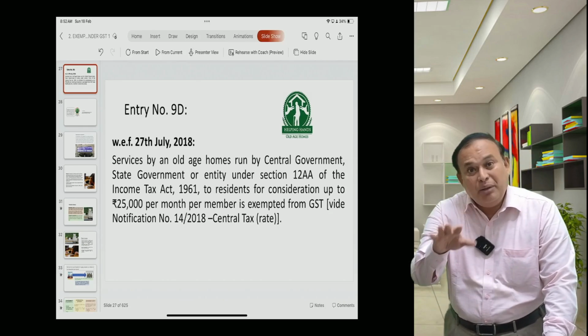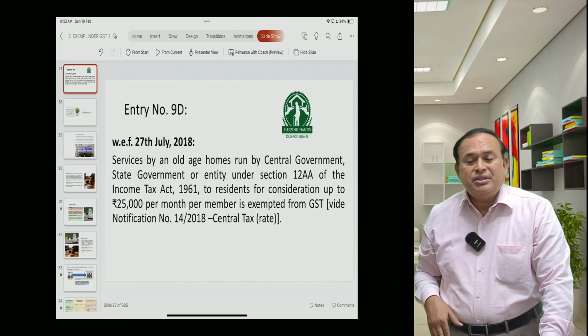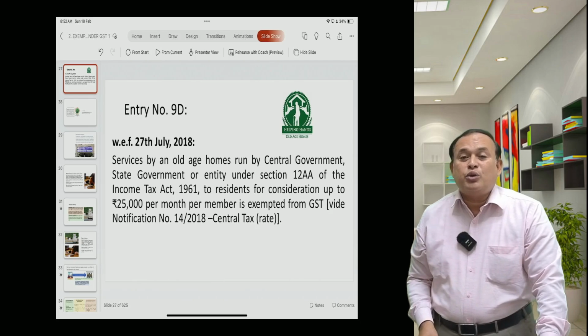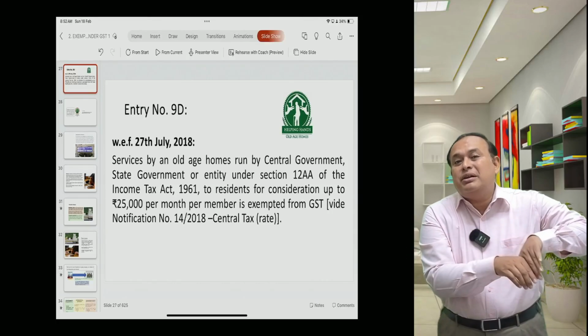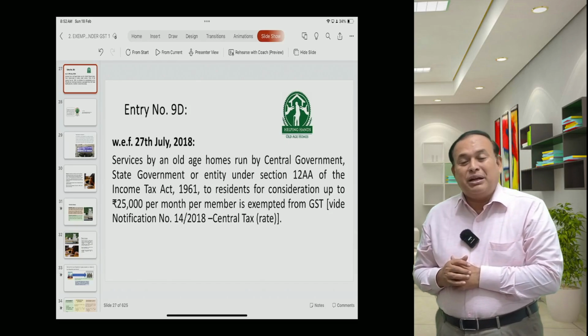If monthly, it comes to 10,000 rupees per month. If it is on a per day basis, less than or equal to 10,000 only is exempted. Short-term accommodation per day per room less than or equal to 1,000 is exempted.